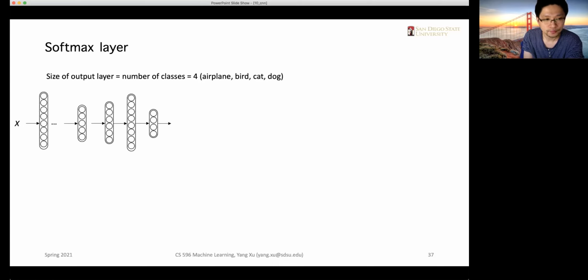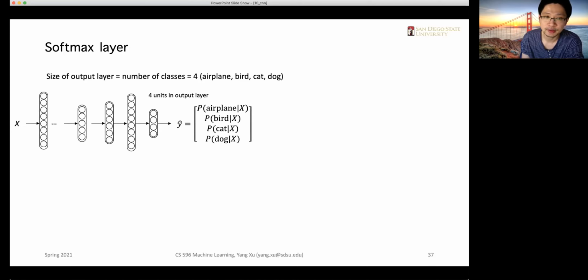Say we have a complete network that takes the inputs X and outputs 4 units in the output layer. These 4 units represent the probability that this data X is an airplane versus a bird versus a cat versus a dog. So this Y hat is a 4-unit vector.